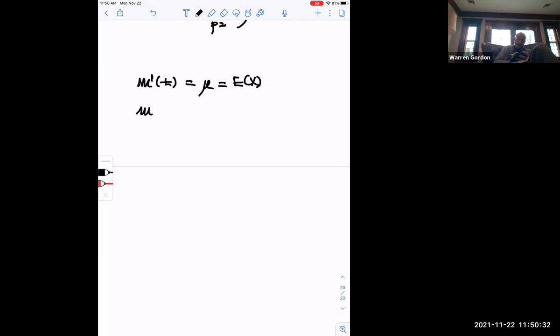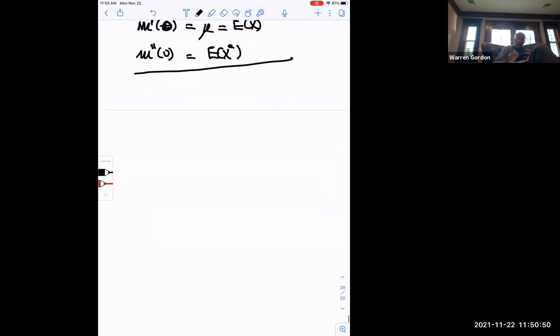And the second derivative, evaluated at 0, gives us E of x squared. So we're already doing a little bit of calculus.